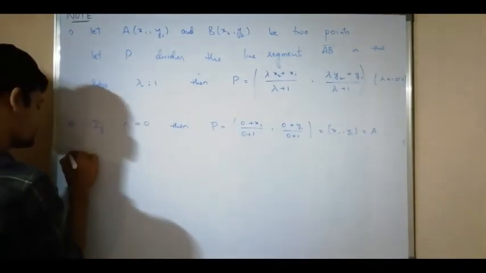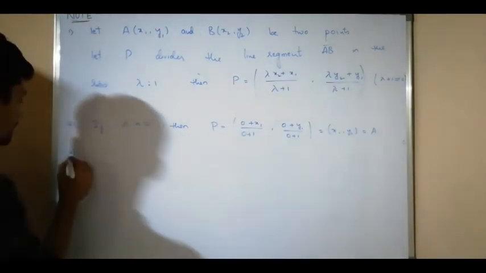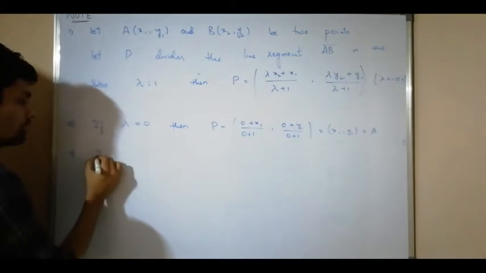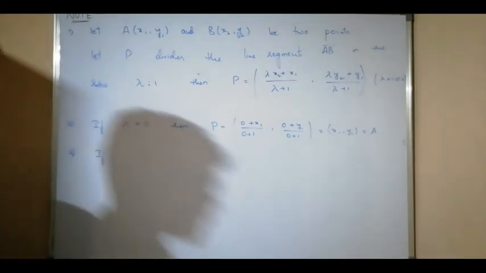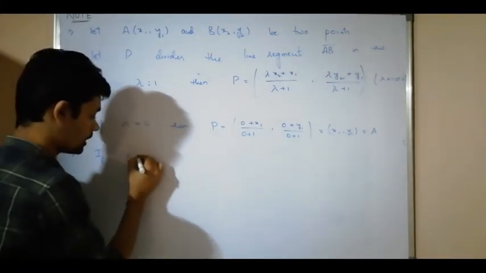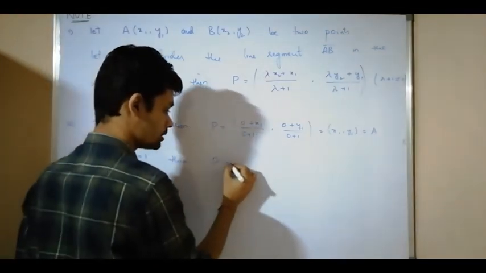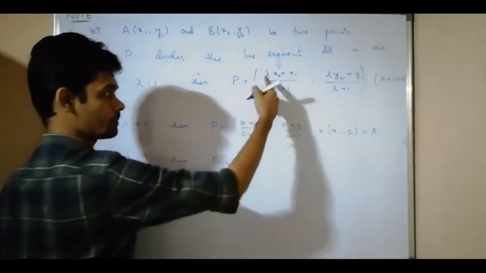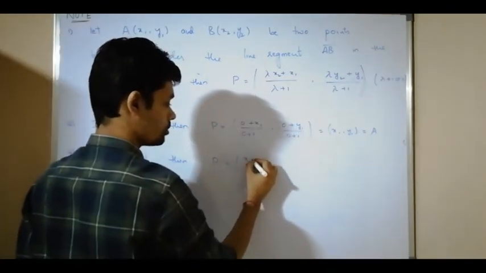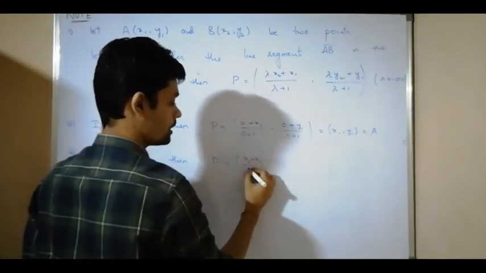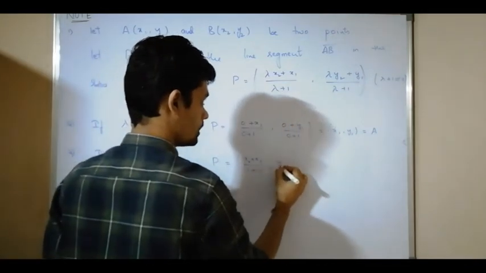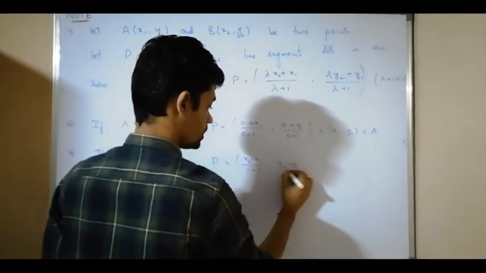Third one: if I take lambda is equal to 1, then the point P becomes (x2 plus x1) by (1 plus 1), comma, (y2 plus y1) by (1 plus 1).